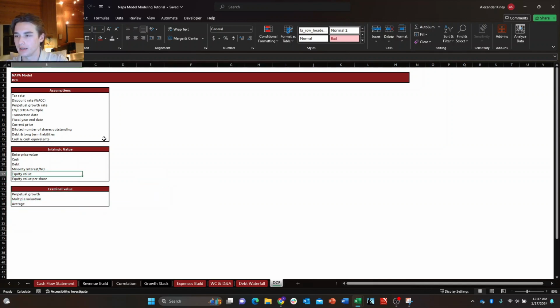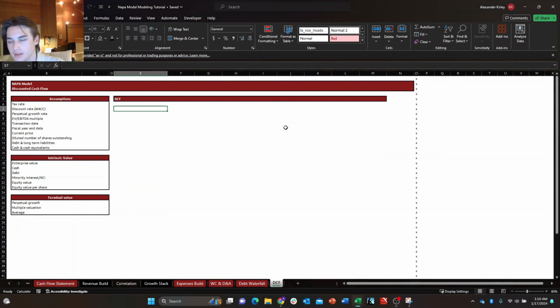Sweet. Now let's get into building out our actual DCF. So with our DCF, there's many ways to tackle this. In some instances, people will take your sales or your EBIT and then go all the way down the list to your net operating profit after tax. Or you can just bring in your EBITDA or adjusted EBITDA and then go off of that.